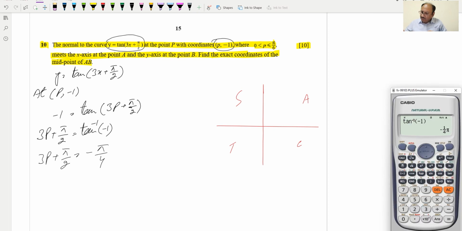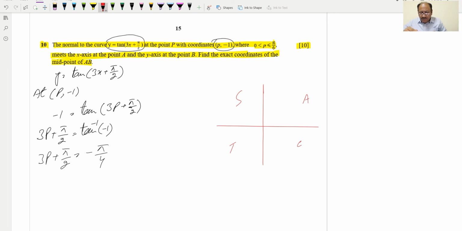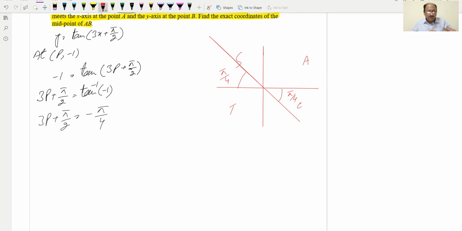It will be 45 degrees, since 180 divided by 4 is equal to 45. So we will be drawing 45 roughly like this, and pi by 4 we will be taking this value because negative values we are taking.